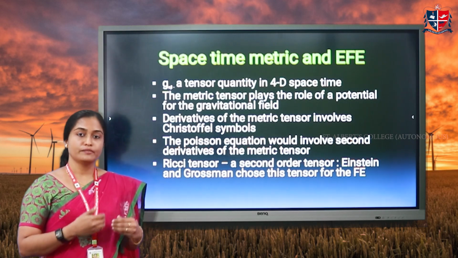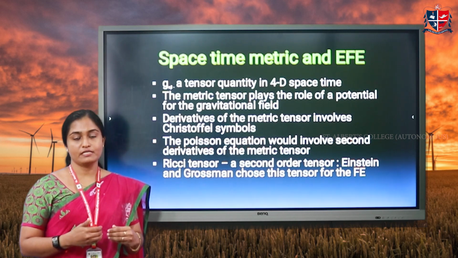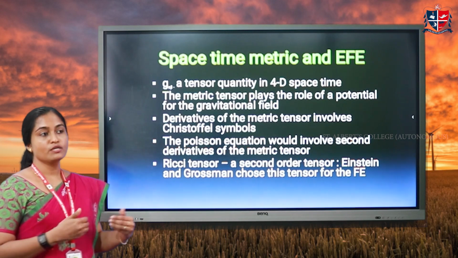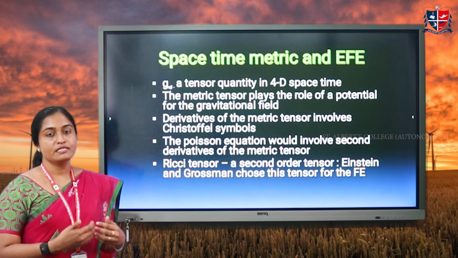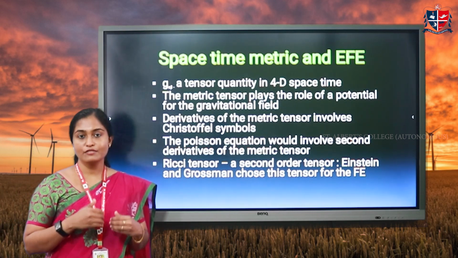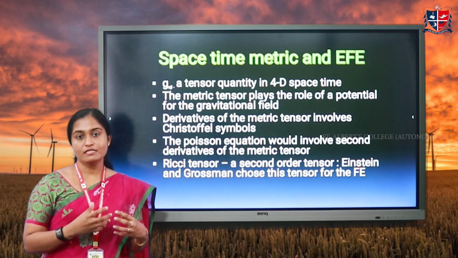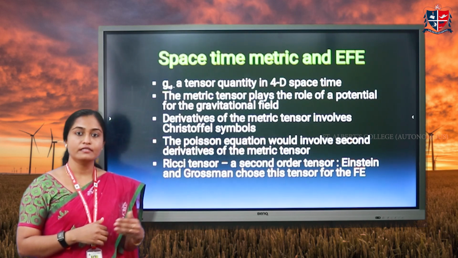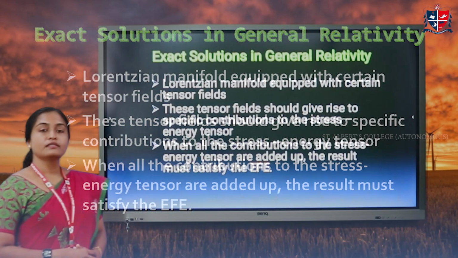So you need to develop a tensor from the potential on the left-hand side. Einstein and Grossmann arrived at the Ricci tensor, which they got from contracting the Riemann tensor, and that gives the Einstein field equations. In the Einstein field equation, you have this Ricci tensor on the left-hand side and the term involving the stress-energy tensor on the right-hand side. It's a tensor equation involving second order tensors.